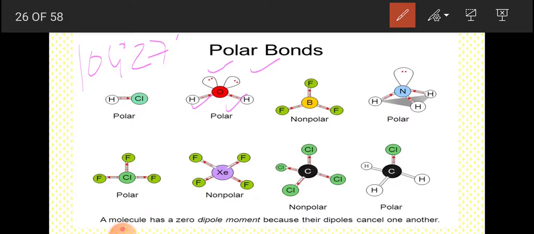In many competitive objective exams these angles are asked, so learn them by heart. The more lone pairs present in the molecule, the more the distortion and the more the angle is reducing. Actually it is repelling, so repulsion is greater, the bonds are getting closer and the angle is getting reduced.